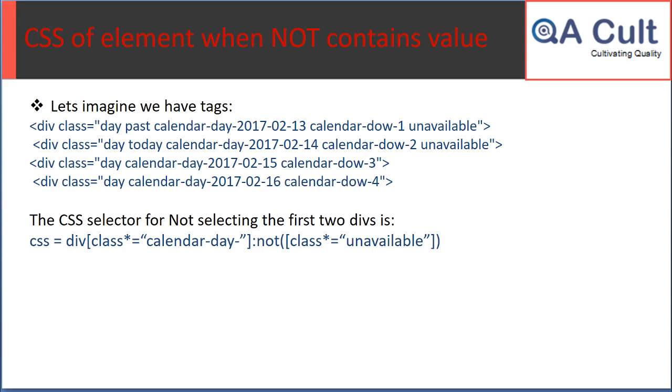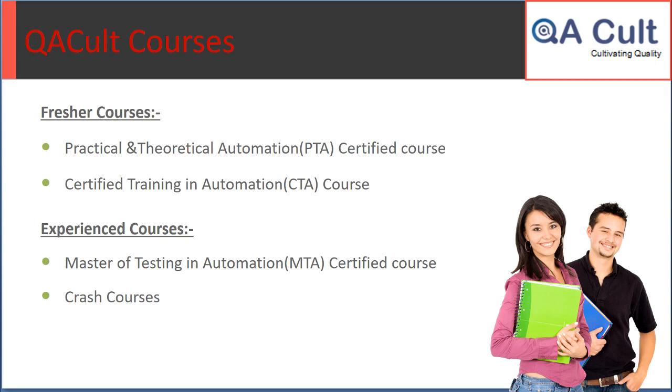So I am preparing CSS equal to div.calendar-day. This is present in all the 4, and then :not(.unavailable). This is not available in the last two divs, so this CSS is for the last two divs. I will be covering it in a practical example.